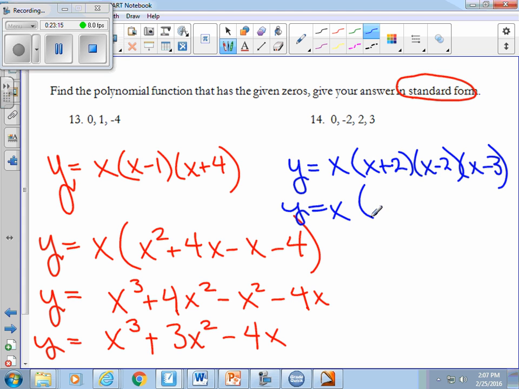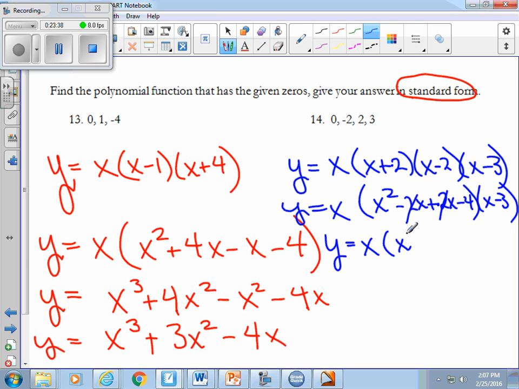So if I multiply the middle two, I get x squared minus 2x plus 2x minus 4. Everyone agree? The 2x's cancel, right? And so I get x times x squared minus 4 times x minus 3.